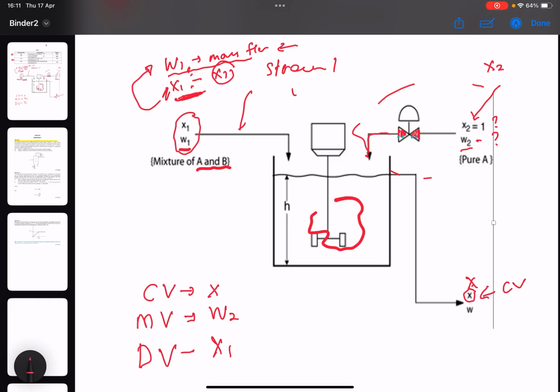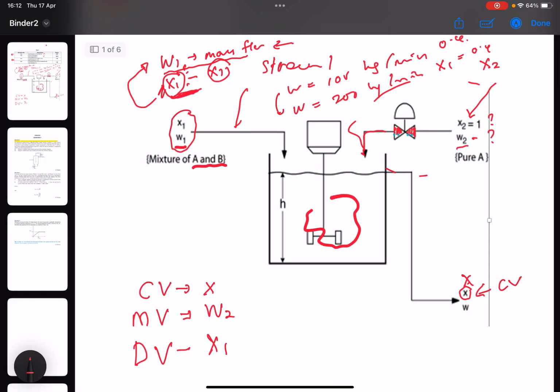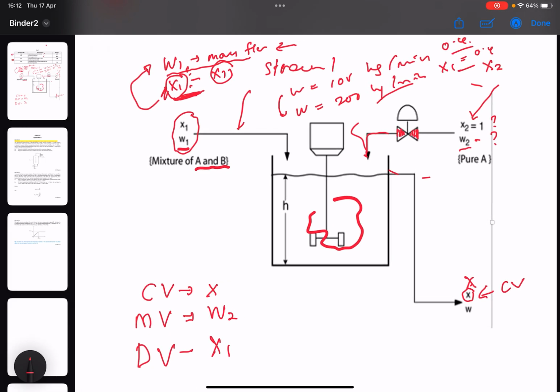Let's say W1 equals 100 kilograms per minute, and you want W1 to be your disturbance variable, so you change it to 200. Even though you add the mass flow rate of stream 1, the X1 doesn't really change, because it is still going to be, let's say, 0.4. It doesn't change regardless of the mass flow rate of stream 1. Therefore, the disturbance variable should be X1.